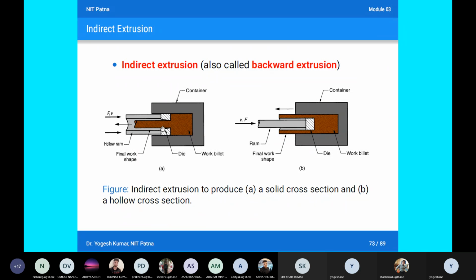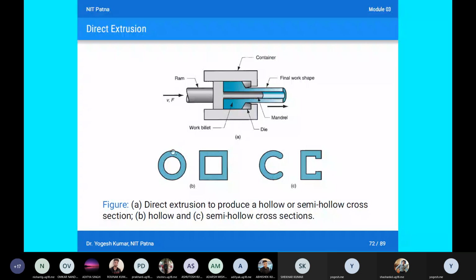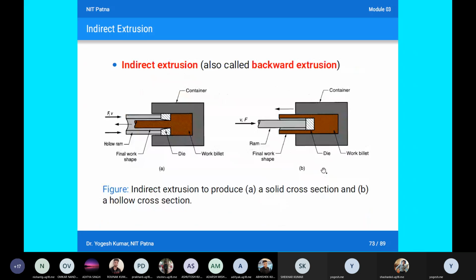There are a number of configurations, and other types of cross section are also possible. Like in direct extrusion, where we were discussing hollow circular shape, hollow rectangular shape, and semi hollow cross section shape, this kind of arrangement is also possible in indirect extrusion processes or backward extrusion processes.